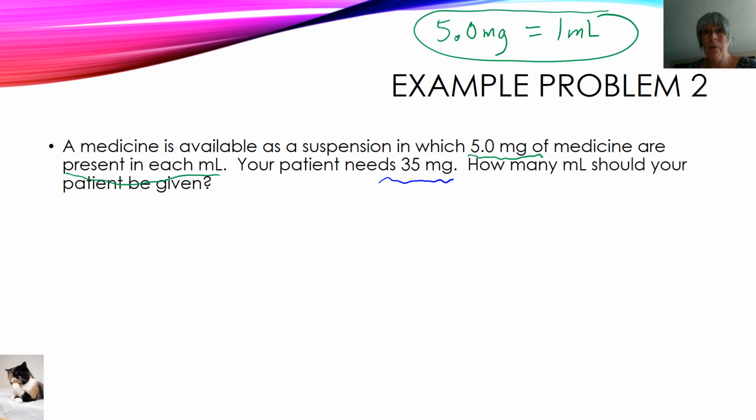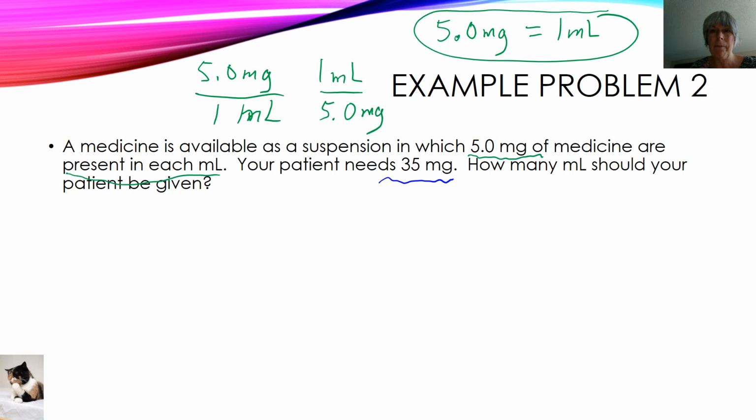Okay, hopefully you wrote this. 5.0 milligrams for each 1 milliliter. Or you can flip it over, of course, 1 milliliter for each 5.0 milligrams. Okay, so we've taken care of the milligrams and the milliliters by writing our conversion factor.